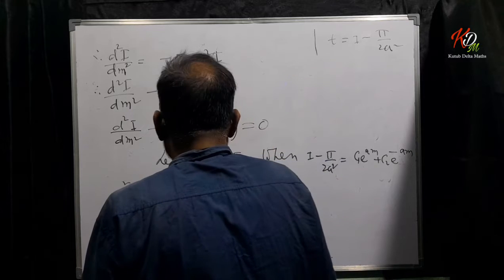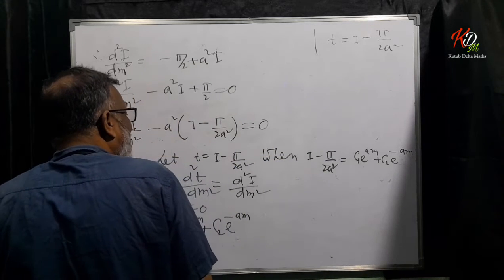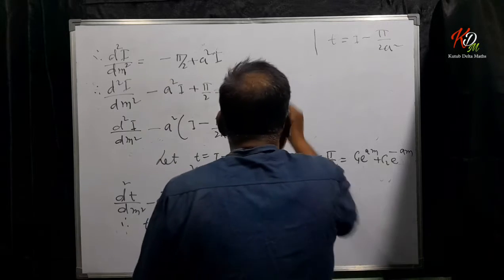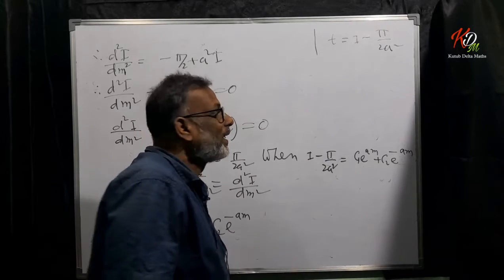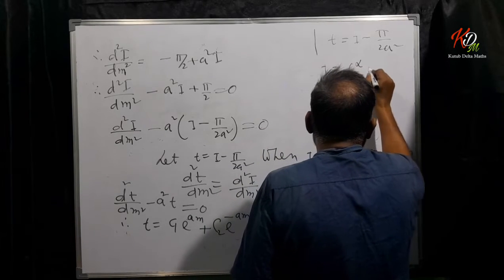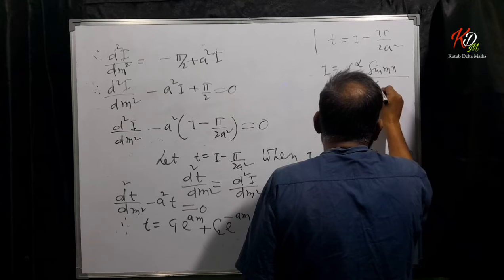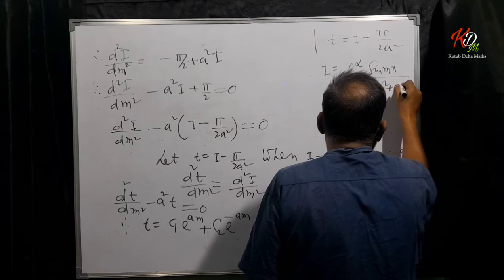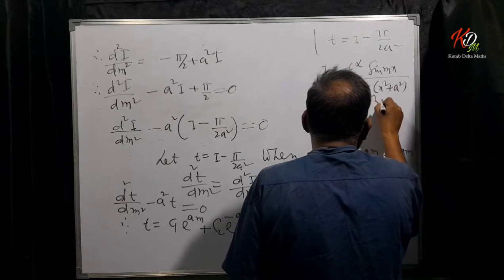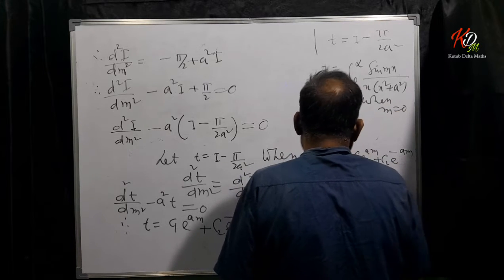When m equals 0, firstly I equals 0 to infinite sin mx by x square plus a square. When m equals 0, I equals 0, obviously.